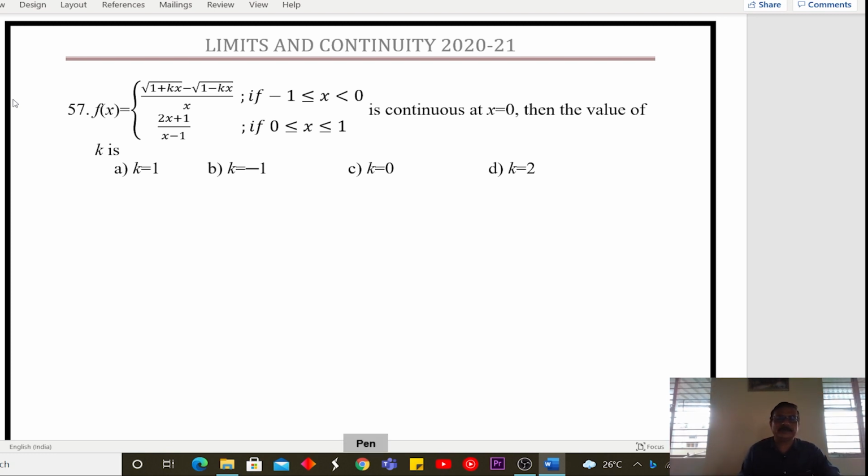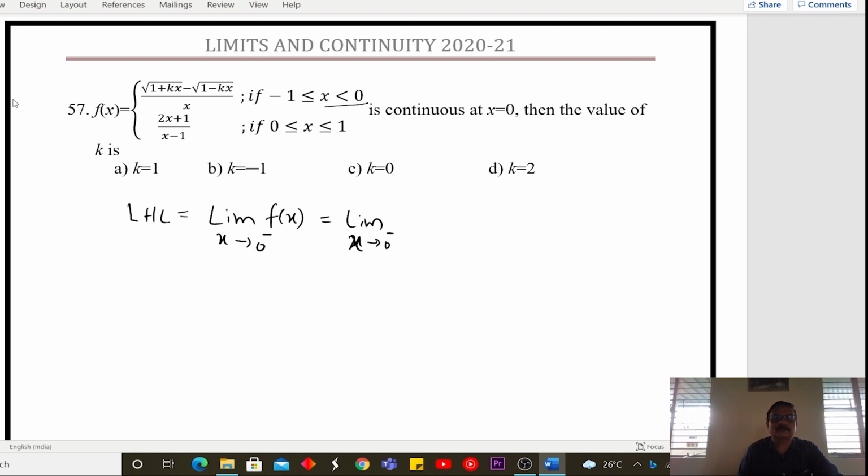Okay. Now find LHL and RHL at x equal to 0. LHL is equal to the limit of f of x as x tends to 0 minus. Select the function f of x such that x is less than 0.